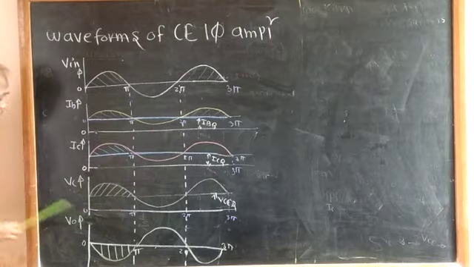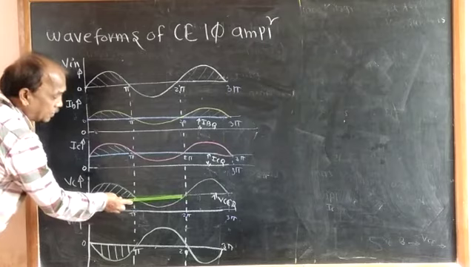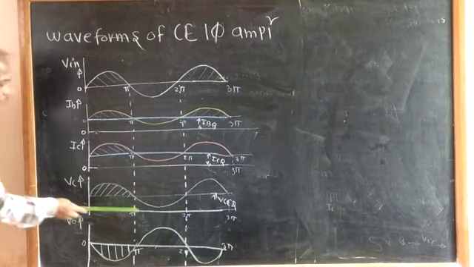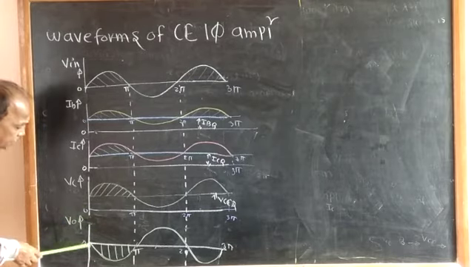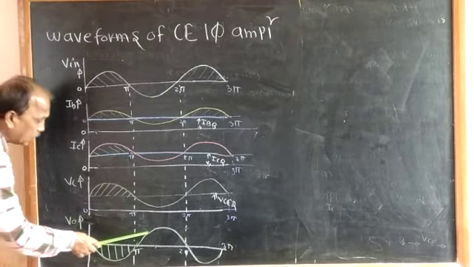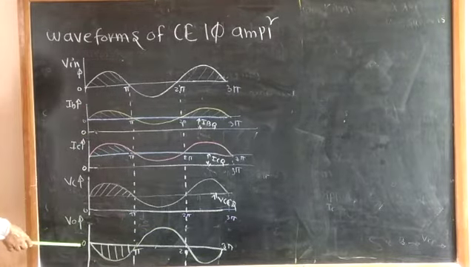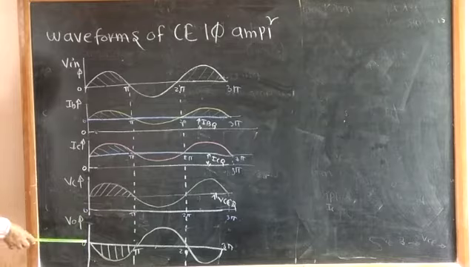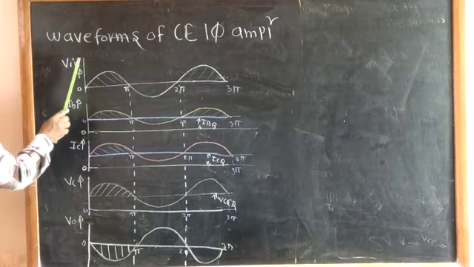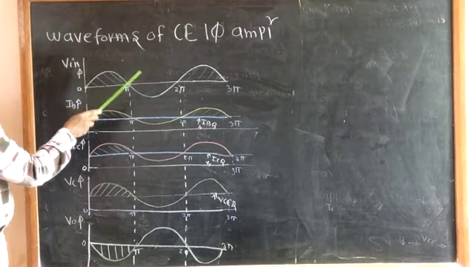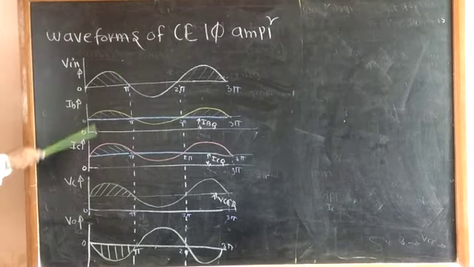Now due to the coupling capacitor, this DC component is blocked. It does not flow to the output side. So here this DC component is eliminated and only the pure amplified sine signal is available at the output. For output we can connect a load resistor or a speaker, any output device. Okay, so this is the working of a single stage common emitter amplifier, and these are the different waveforms available at different stages. Okay.